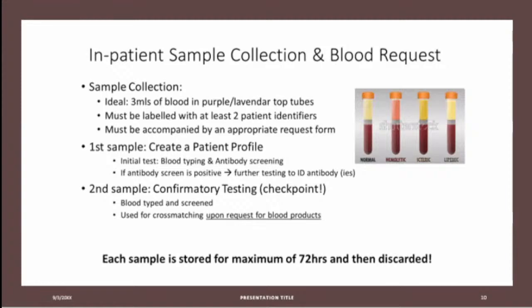What we've also been seeing is that once a sample has been requested in ICE, we do not see a request form accompanying that sample. So what I'm asking you to understand is that the software that we use for the blood bank is not integrated with ICE or SunQuest.